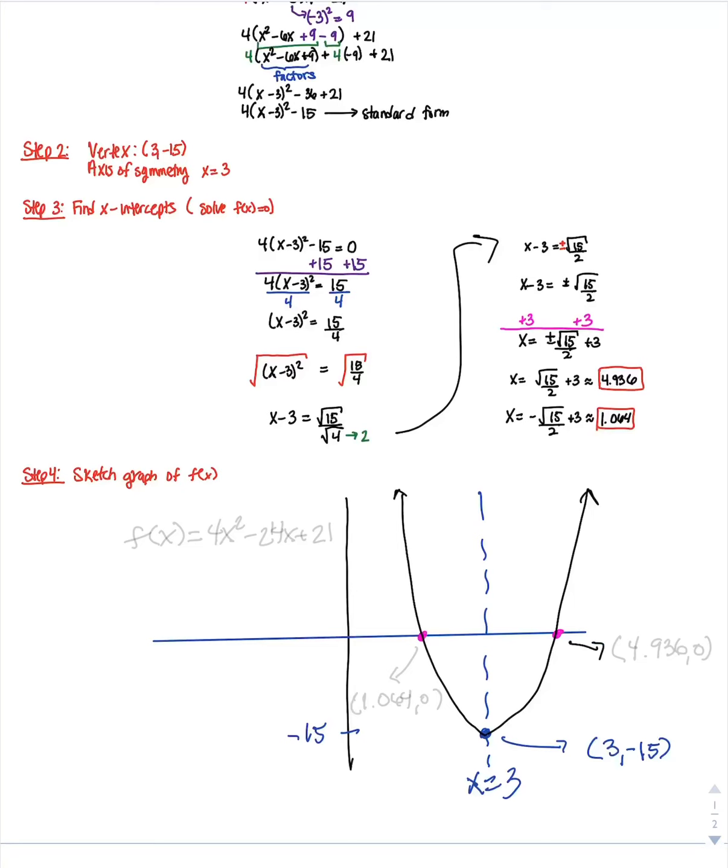This one is at approximately 4.936, 0, and then the other one is at approximately 1.064, 0. So this is the sketch of the graph of our function f of x is equal to 4x squared minus 24x plus 21. And that completes that example.